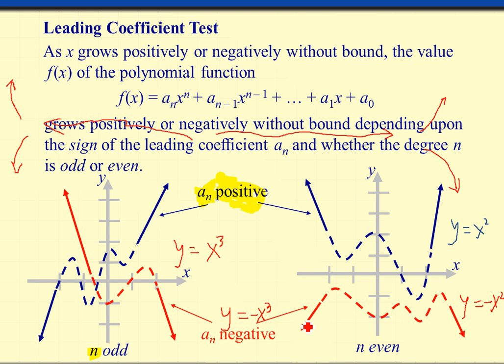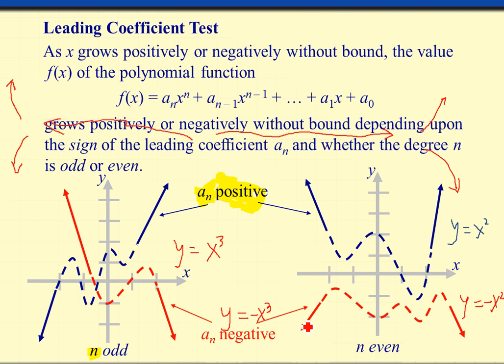Is the degree of the polynomial even or odd? If the degree of the polynomial is even, both ends point the same way, either both up or both down. If the degree of the polynomial is odd, the ends point in opposite directions, left down, right up, or left up, right down. Now, how do we tell? Well, in the case of even, they both point up if the leading coefficient is positive.